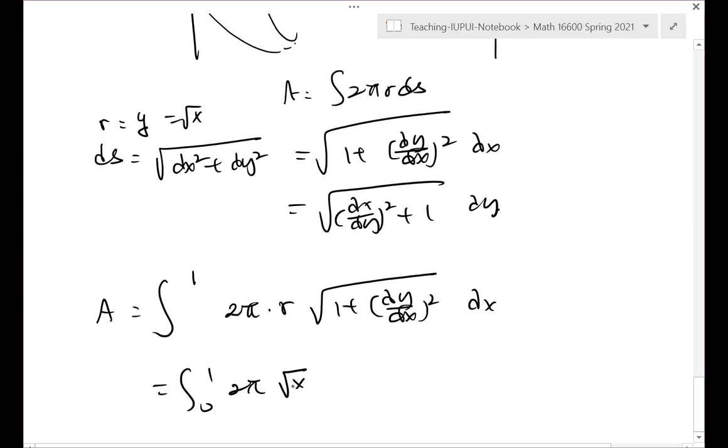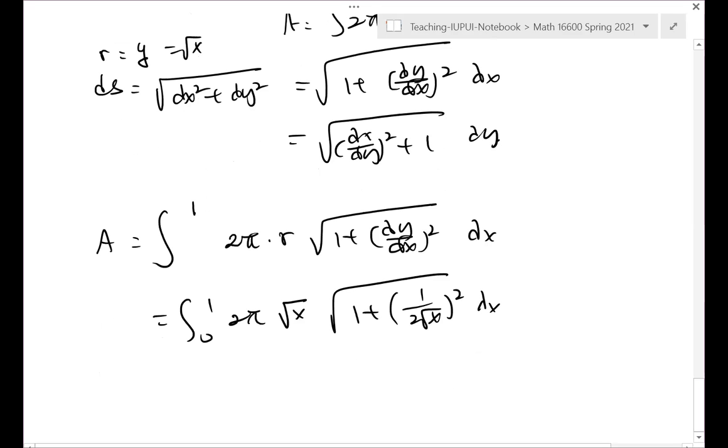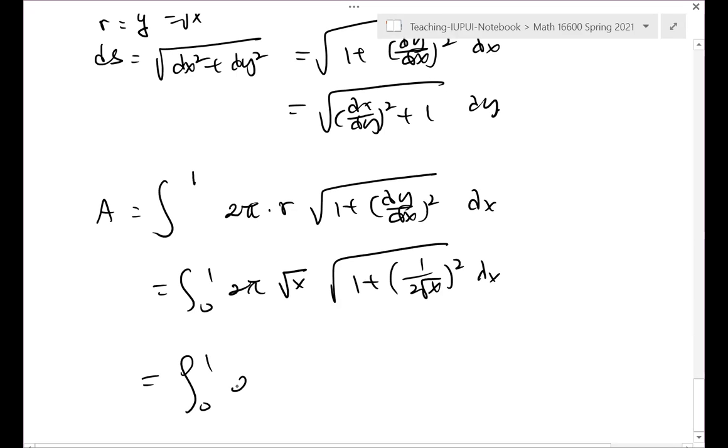And then the derivative of square root of x is going to be this. Okay, so that is the answer. Now you can also evaluate with respect to the y variable.